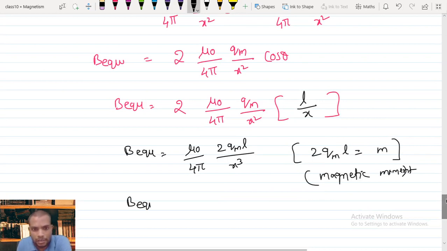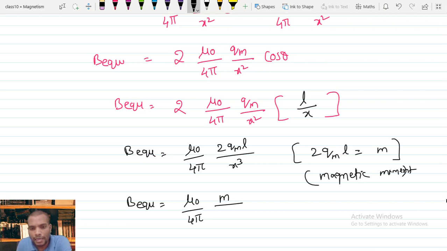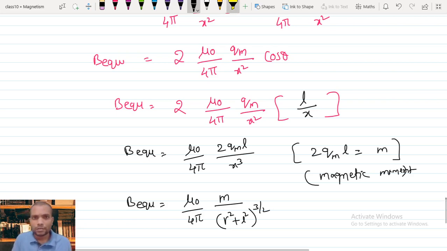B equatorial equals mu naught upon 4 pi times M upon x, where x equals (r square plus L square) whole to the power 3 by 2. Here the cube is there, and the under root you can get there. So everything together you can write there.